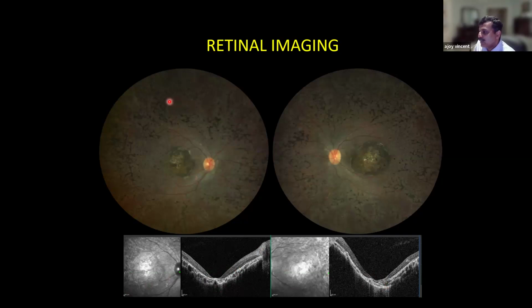And then you have typical bony spicule pigmentary degeneration, widespread, and the retinal arterioles are very attenuated. As you see in the OCT, the retina is very thinned out at the fovea, and outer retinal lamination is almost completely lost across the macula. There are some remnants of the outer nuclear layer in the macula.